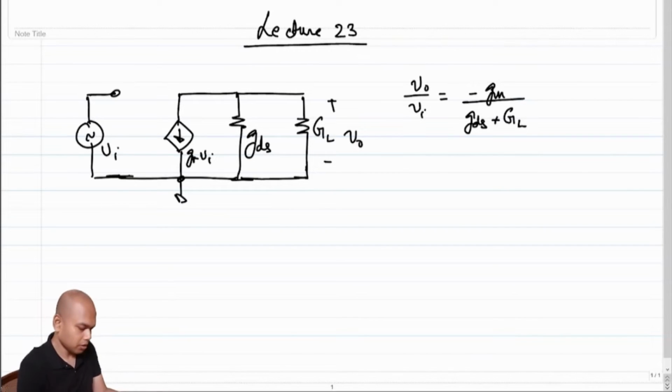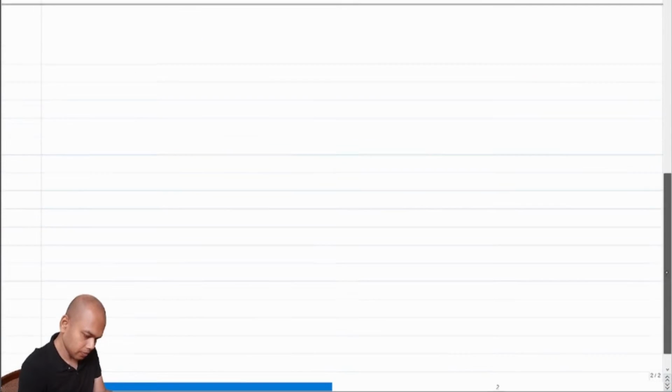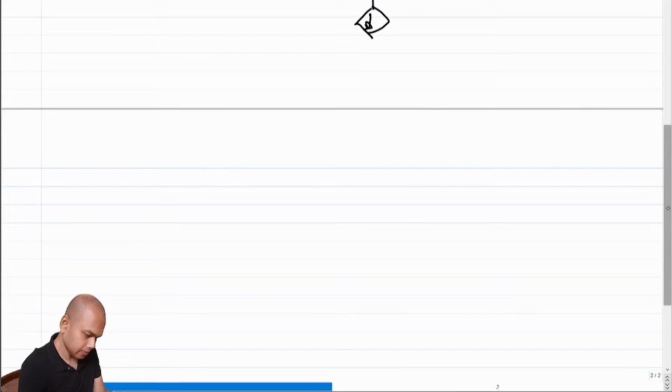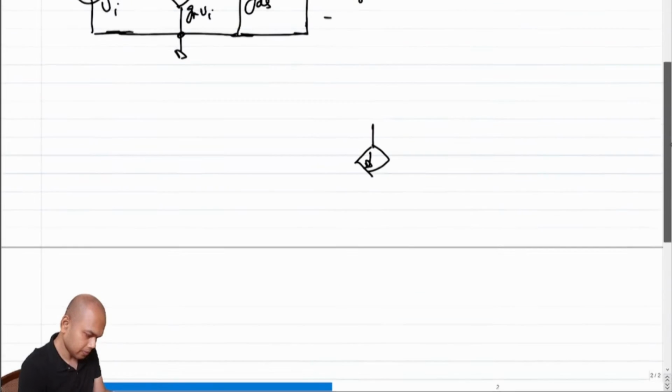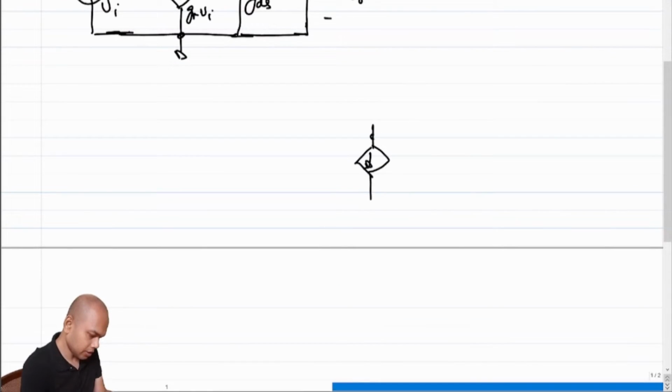So in our case, this non-ideal current source was this section of GMVI and GDS.